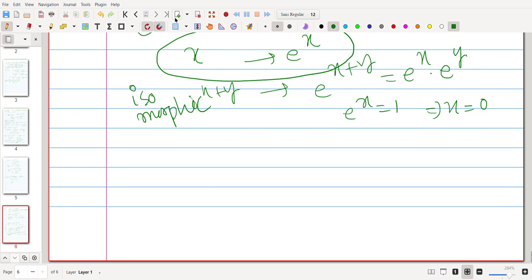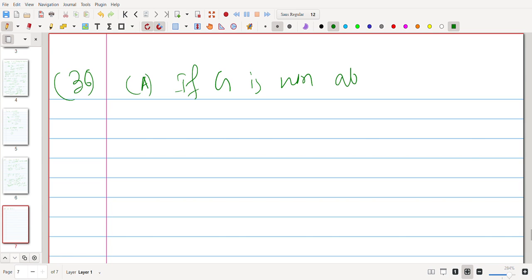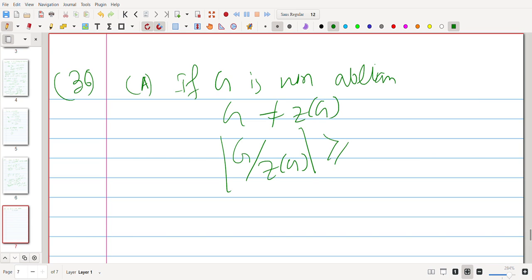Okay. Now come to question number 36. Option A: if G is non-abelian, then G is clearly not equal to Z(G). That means G mod Z(G) is non-trivial, so has order at least 2. Hence A is false.